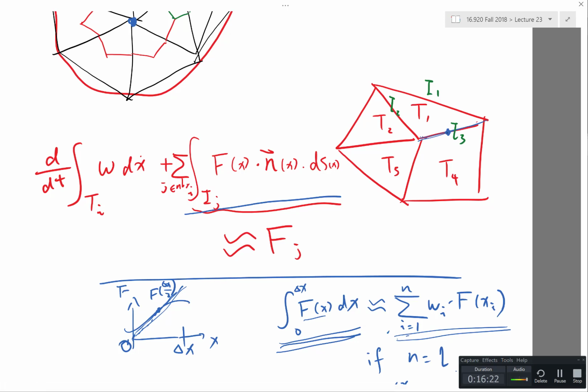The Gauss quadrature scheme to integrate over a triangle, if you want it to be more accurate, if you want it to be exact for anything more than a linear function, you have to have 3 points. But for our second order scheme, we just need an approximation of the flux function evaluated at the center of an interface.